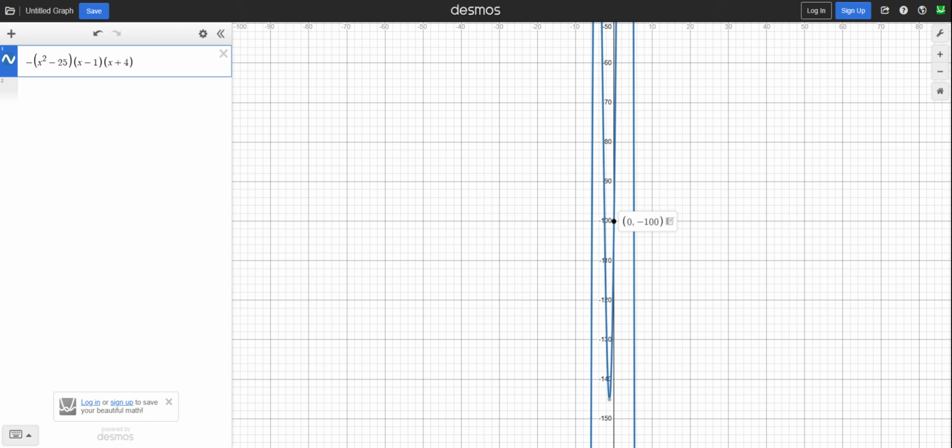I like this. Difference of squares. Use the difference of squares on this.